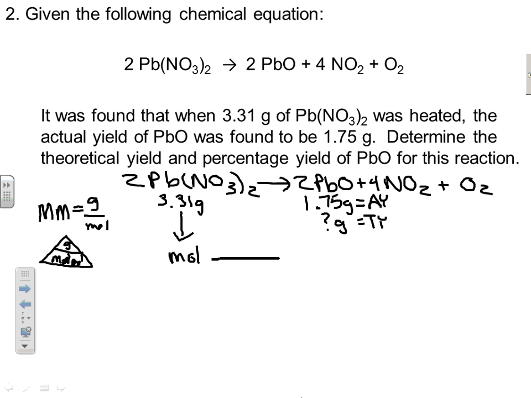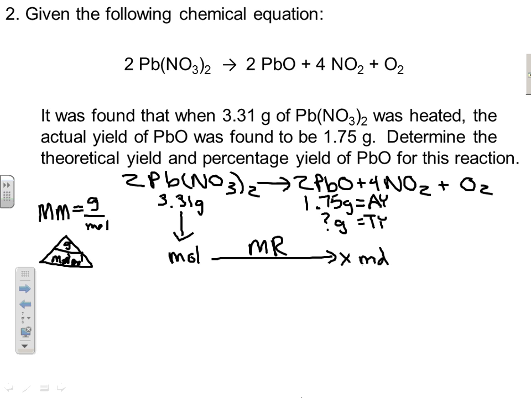Then I'm going to go across this way to X moles. How do I go across? What's that conversion factor called? Mole ratio. And it comes from the numbers, right? X over whatever.